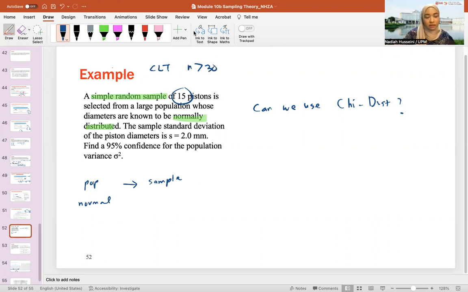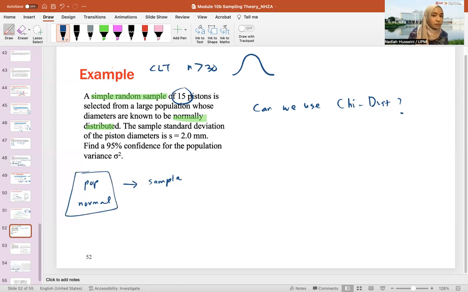And the central limit theorem says that whenever you have a sample size that is greater than 30, it doesn't matter what your population distribution is. It can be Poisson, it can be uniform distribution, and you would still get a normal distribution. But here, our sample size is 15, but it is coming from a population that is normal.